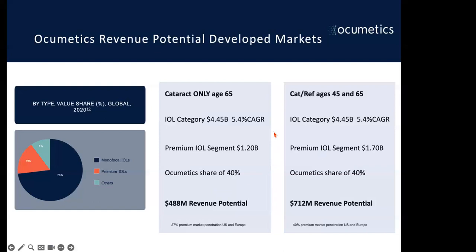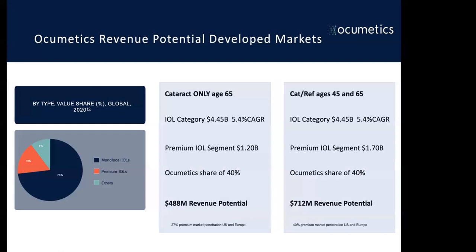If we expand that group to include all the way down to 45 and 65, and we don't change any of the parameters except the premium category gets a little bit bigger, we'll still stay at 40%, then the revenue opportunity is basically $750 million. And here again, we're talking $750 million on one product.